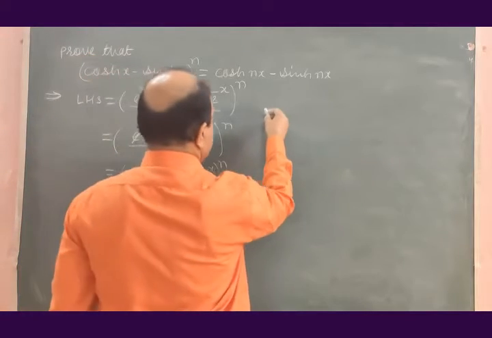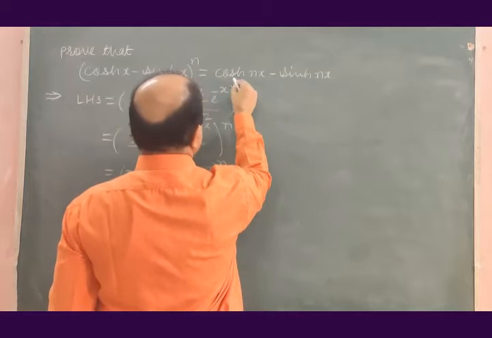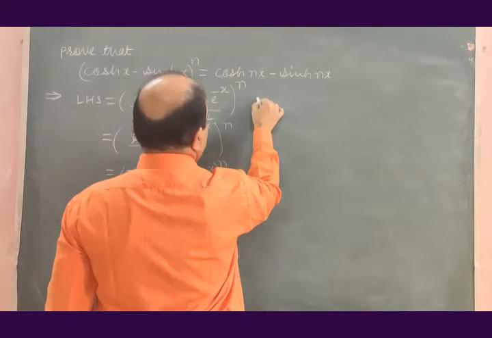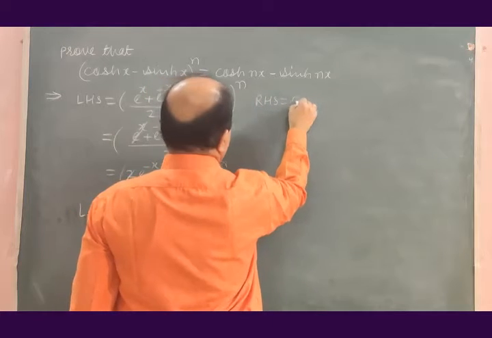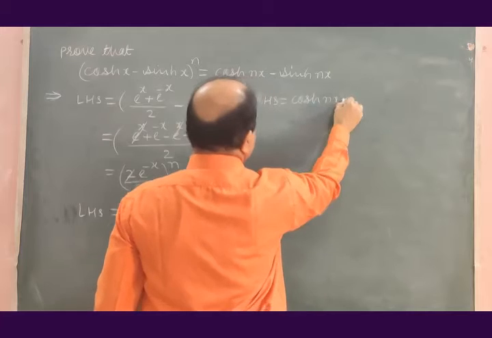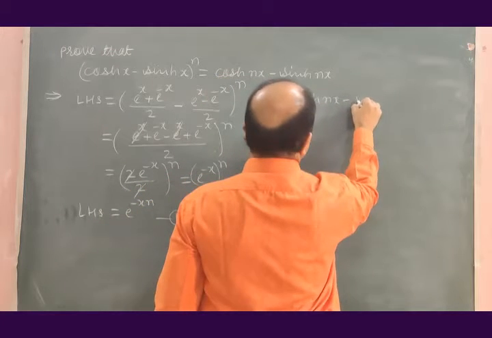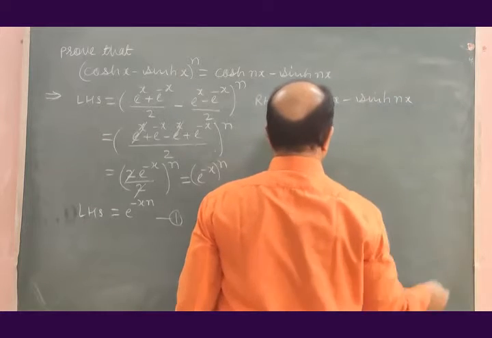What is RHS? Let me simply consider this one. RHS is cos hyperbolic nx minus sin hyperbolic nx.